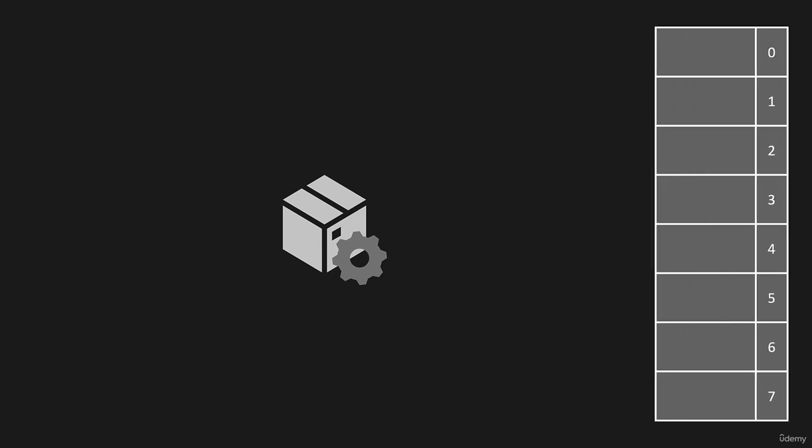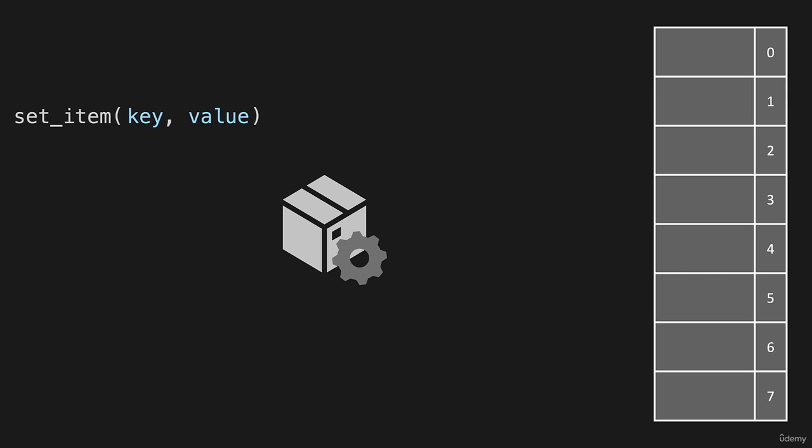We'll create our own address space by creating a list, and then we'll create methods. So in this case, to set an item, we're going to have a key and a value. And to use the same key value pair as we did before, we'll say nails with a quantity of 1,000.